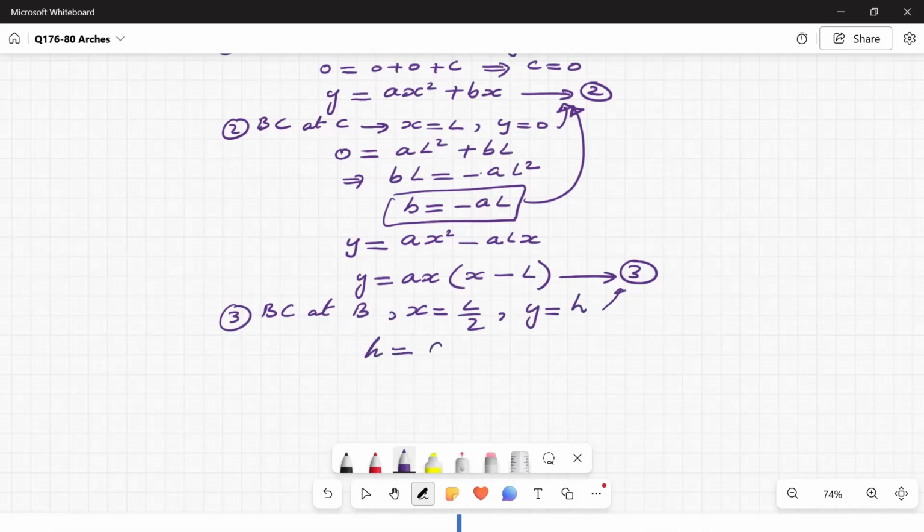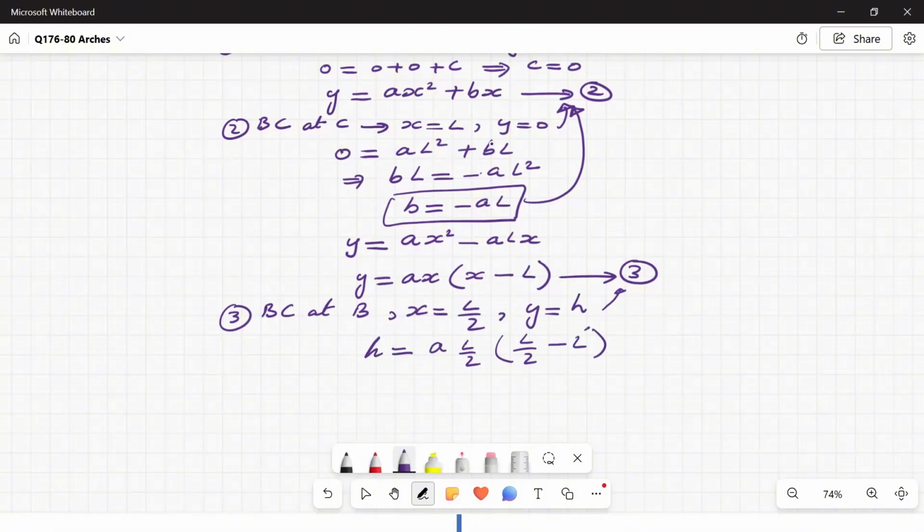And if you put these values in this equation, then you will get, instead of y I'm writing h, instead of x I am writing L over 2 and L over 2 minus L. So this will give me, half take away whole will be minus half.